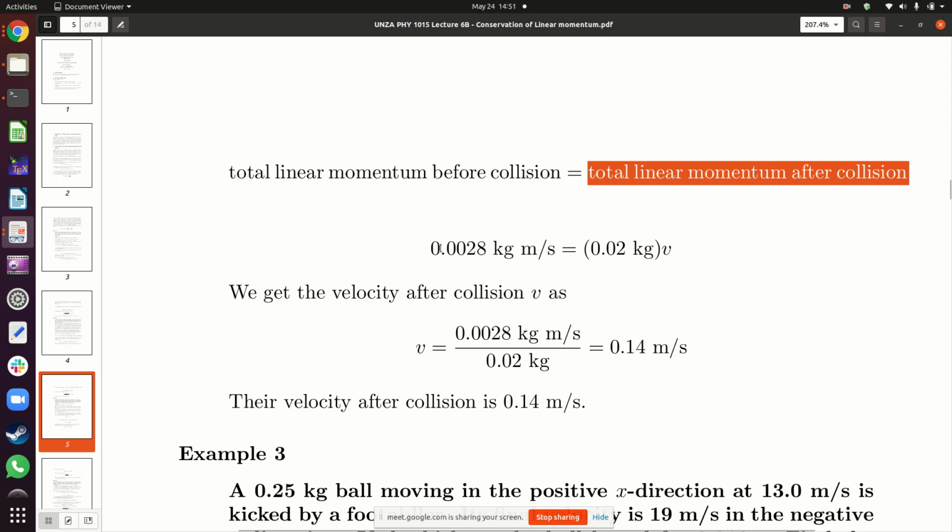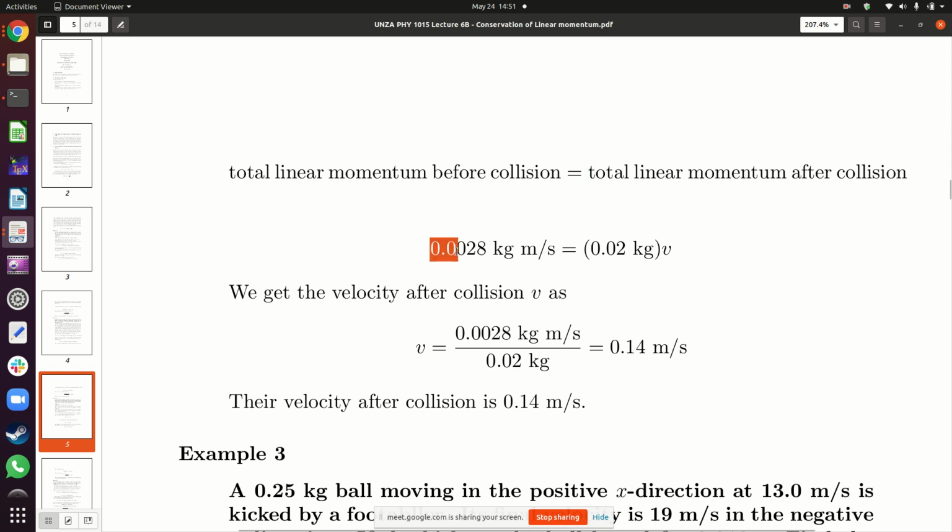So we end up having 0.0028 kgs meters per second, the total linear momentum before collision, being equal to 0.02 kgs v, the total linear momentum after the collision. We're looking for v, so we divide both sides by 0.02 kgs.